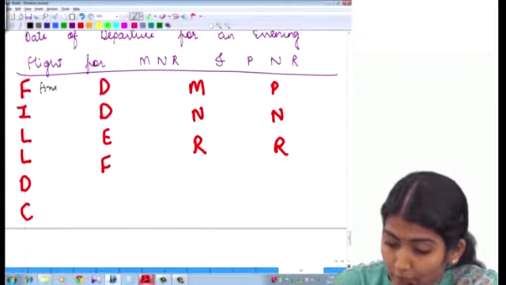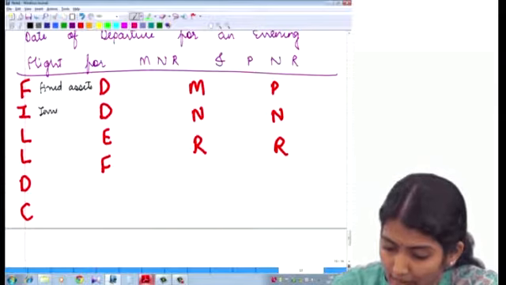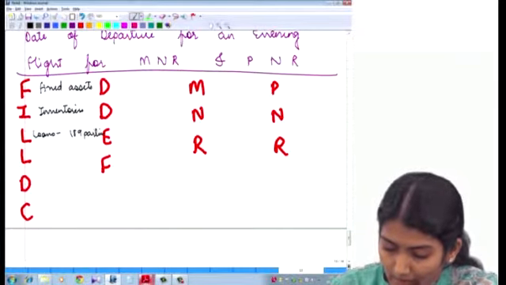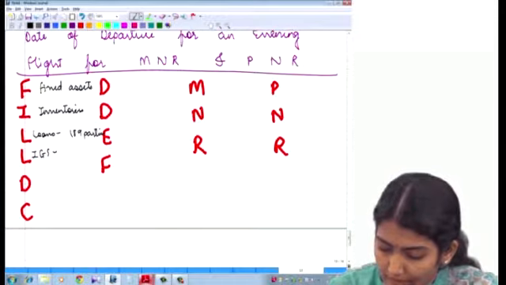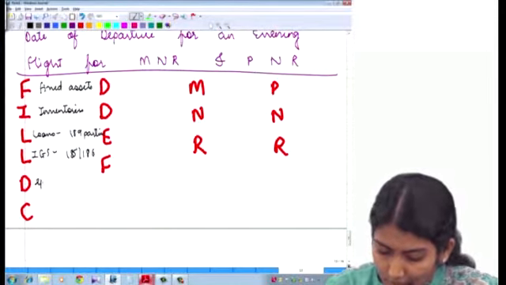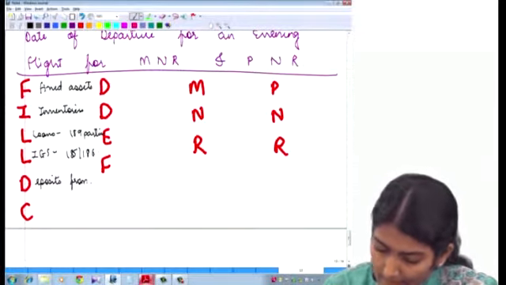Right? So F for fixed assets, I for inventories, L for loans to section 189 parties. Then loans, investments, guarantees, securities, 185, 186. D for deposits from public. Right?